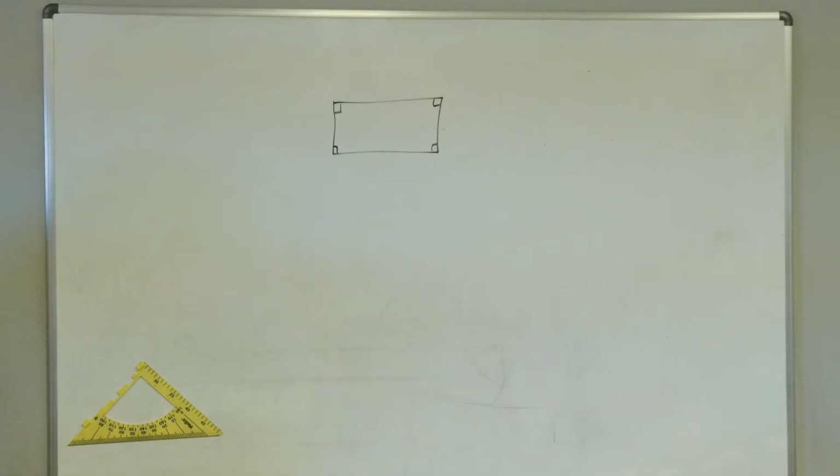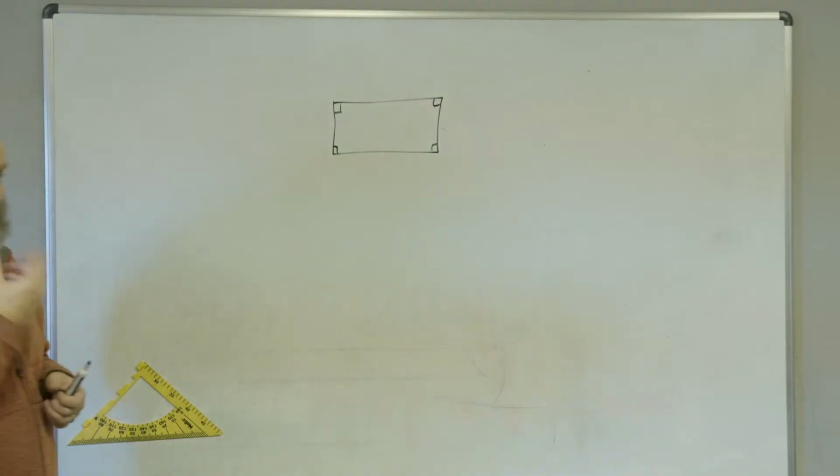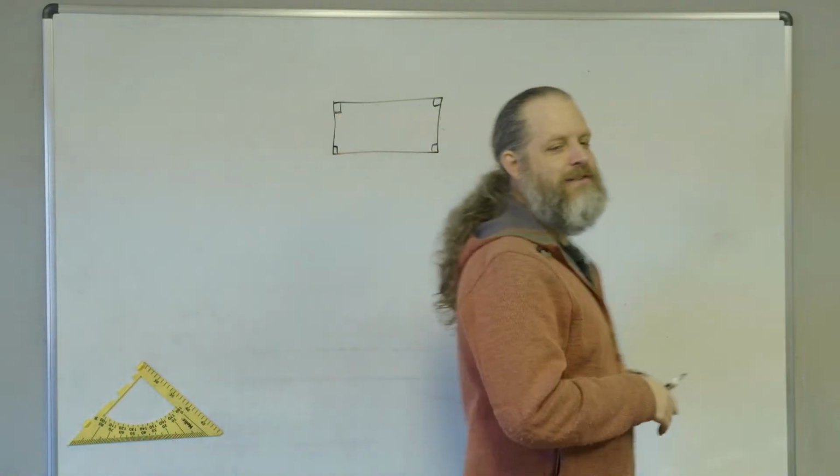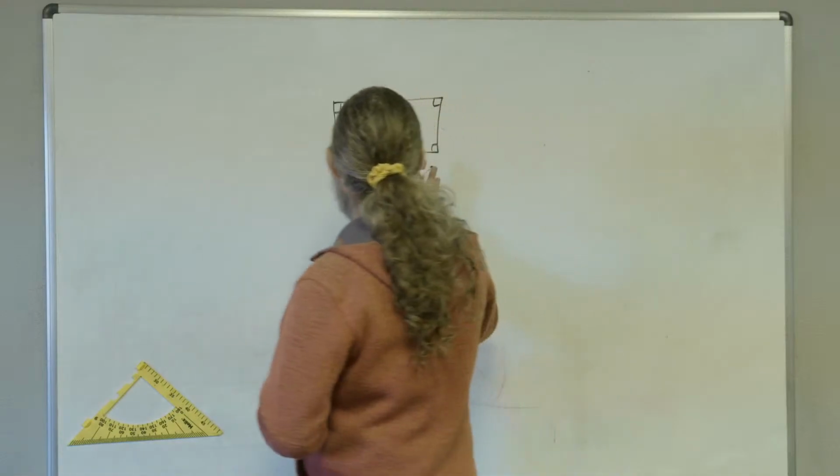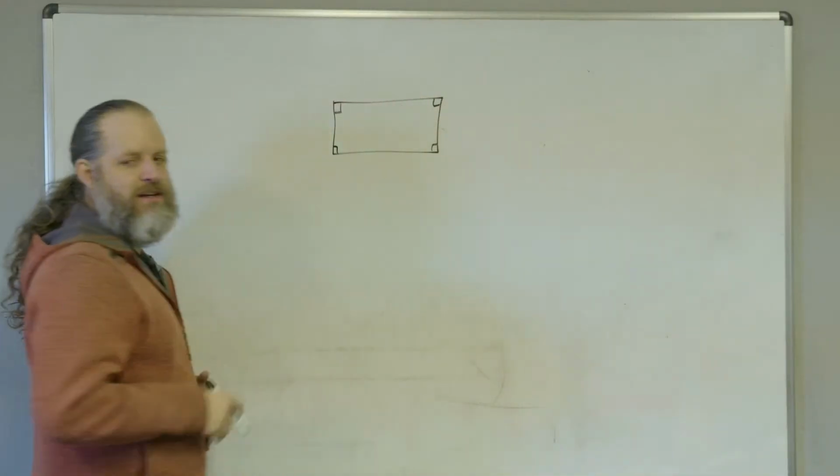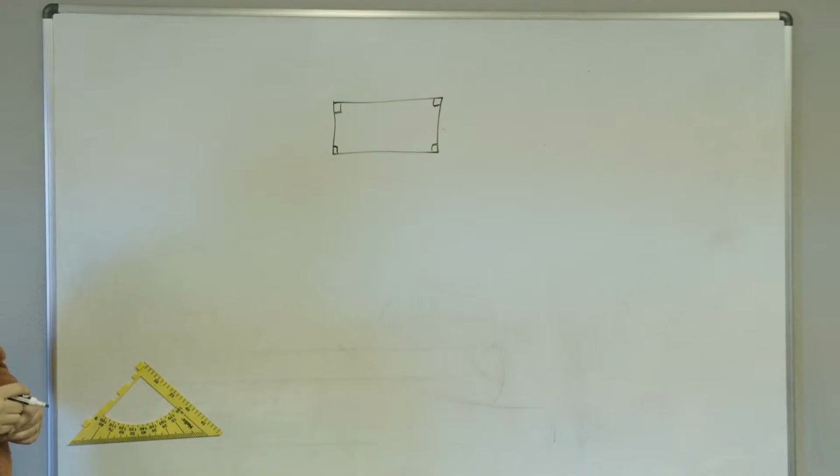I know it's in there somewhere in your brains. There's a theorem for a parallelogram that says if one angle is a right angle, they're all right angles on parallelograms. So if you know something's a parallelogram and you know it's got a right angle in it, poof, rectangle, right?